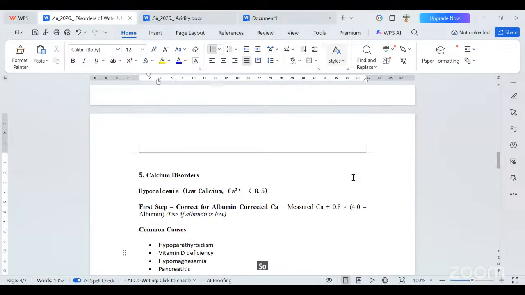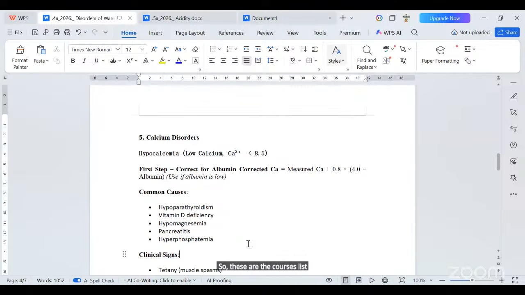So the next imbalance or water disorder is the calcium disorders. That's hypocalcemia, low calcium, when the body calcium level is less than 8.5. So these are the causes listed.